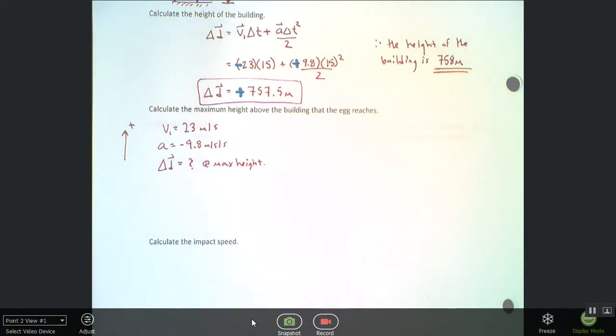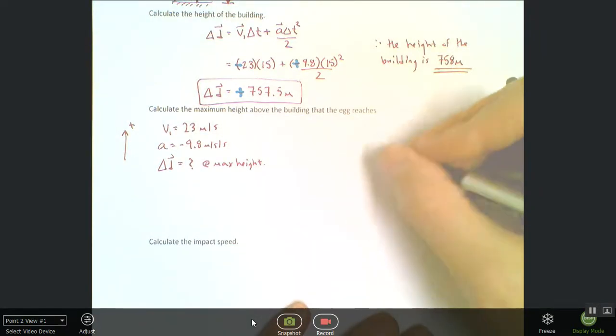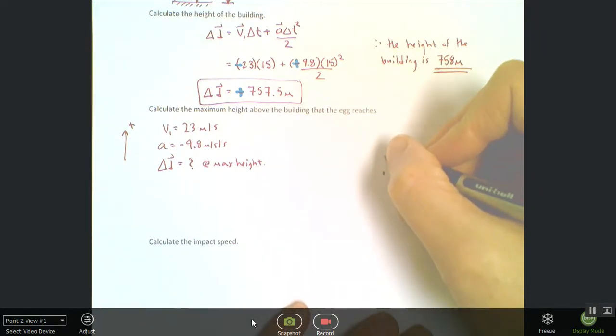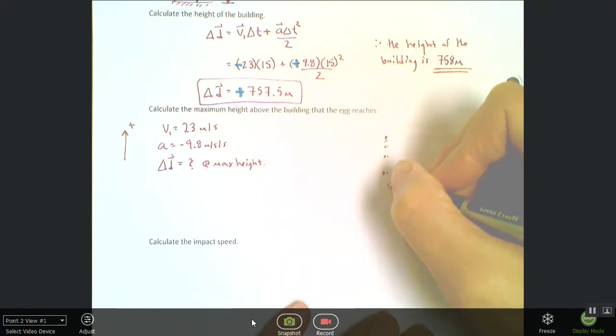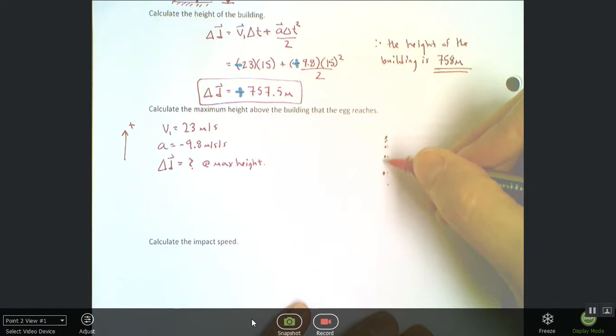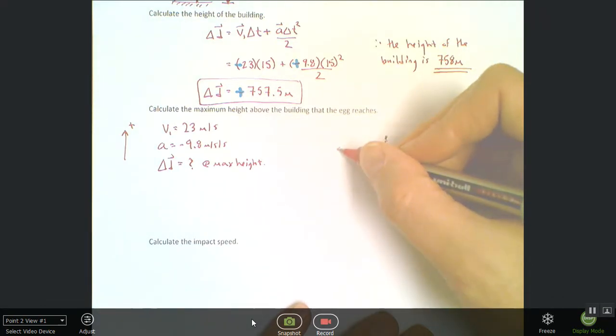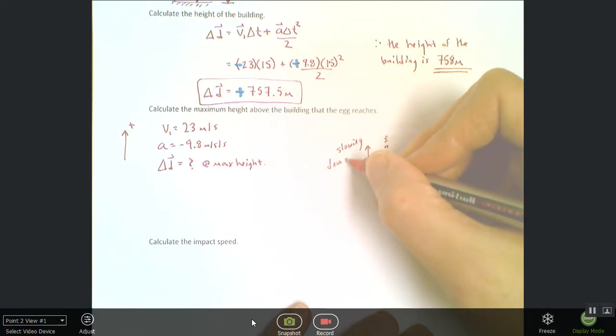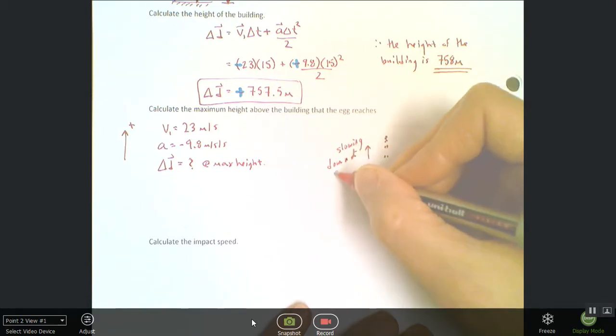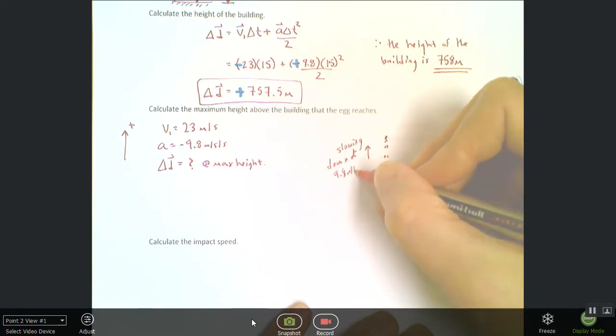But here's where you start to think about it. If you throw an object into the air, on the way up, it's going to get closer and closer to stopping, and stop. And then it starts to move back down, follows the same path. So on the way up, it's slowing down at 9.8 meters per second per second.